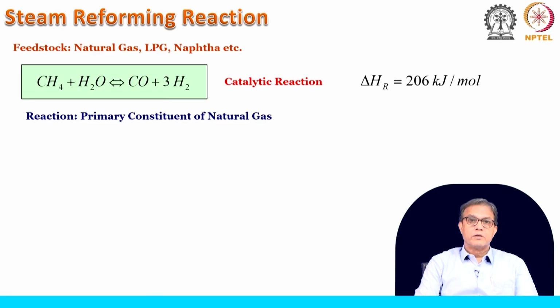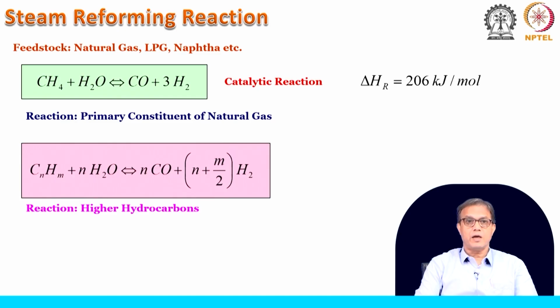so that some of these catalysts, which are very sensitive to some of the components in the feedstock, are protected. Okay. So, this is about methane, the primary constituent of natural gas, but with higher hydrocarbons there would be a generalized reaction, CnHm, that will also give us CO plus H2, and this is the syngas.